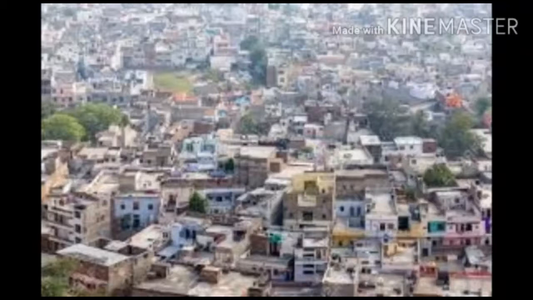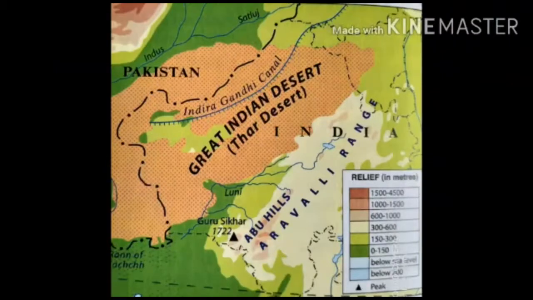Rajasthan is located in the northwestern part of India. It is surrounded in the north and northeast by the states of Punjab and Haryana, to the east and southeast by the states of Uttar Pradesh and Madhya Pradesh, and to the southwest by the state of Gujarat.